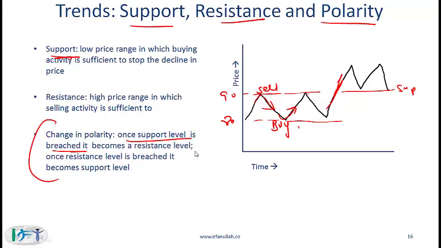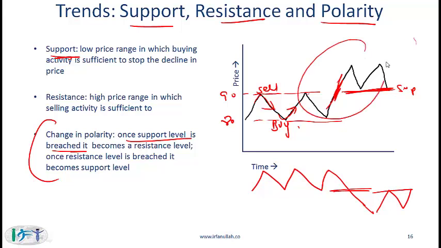Now actually what is happening over here is the resistance level has been breached and it is becoming a new support level. Where we have the opposite situation where you have a stock that goes down in value, here the support level is being breached and this might become the new resistance level. So both of these are examples of changes in polarity.